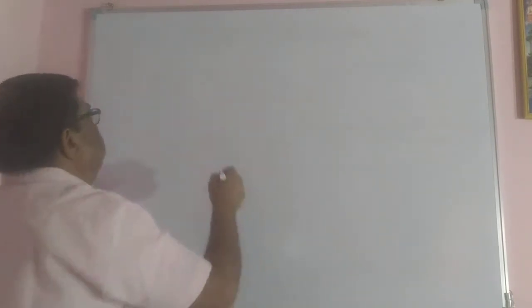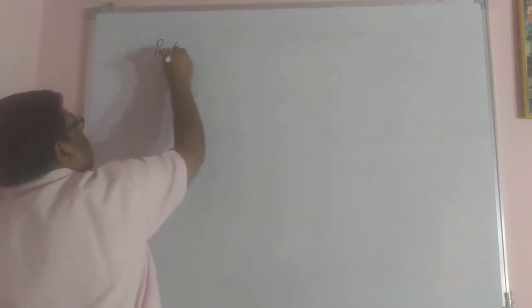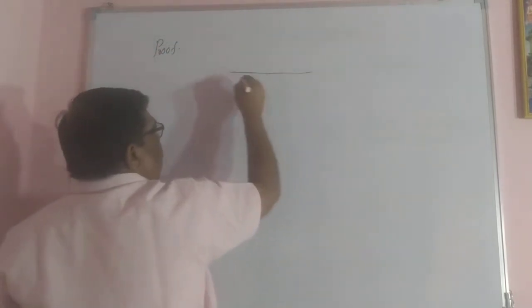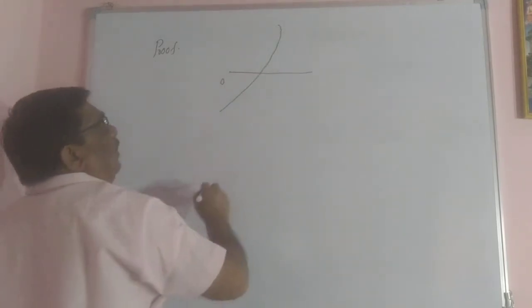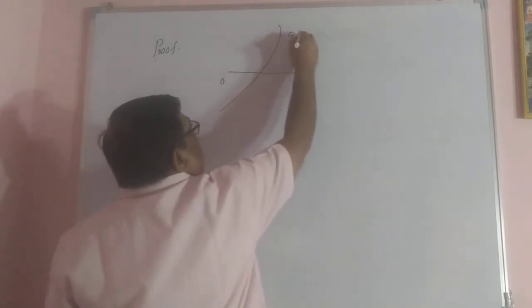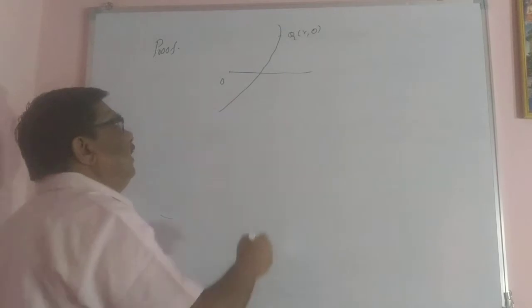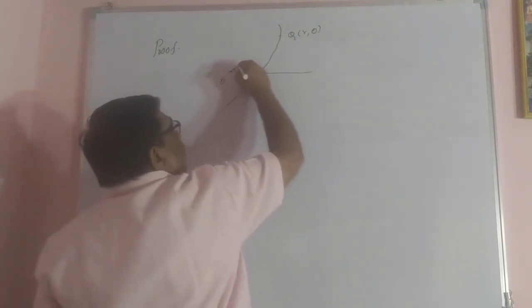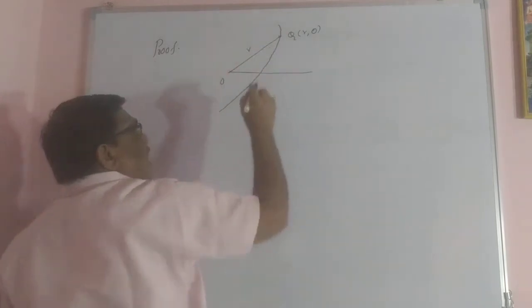So proof of this. There is a fixed point, a center, and you know that there is a curve, and Q(r, theta) is the position of the particle at a time t. So that means OQ equal to r, this distance is r.